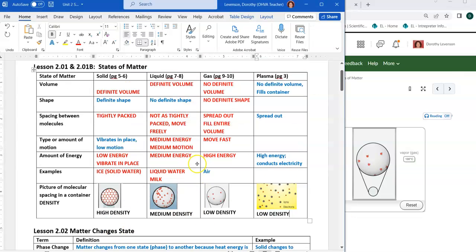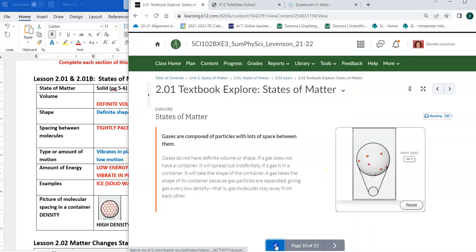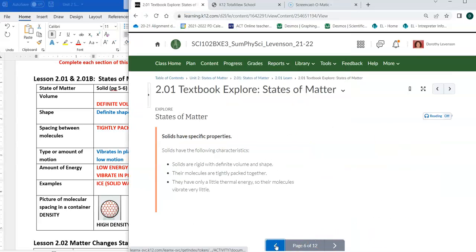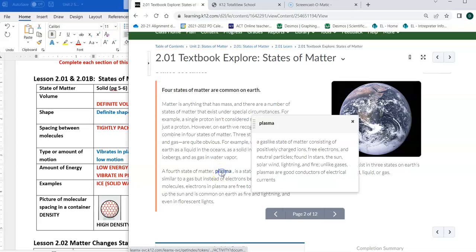And then notice for the plasma, we have to go back to page 3. So let's do page 3. Oh, there we go, pages 2 and 3. Right here it says plasma is positively charged ions with free electrons, and stars and lightning and fire, and they're good conductors.